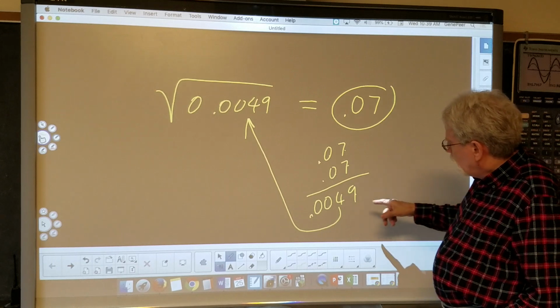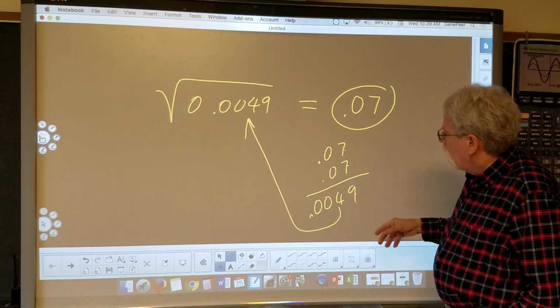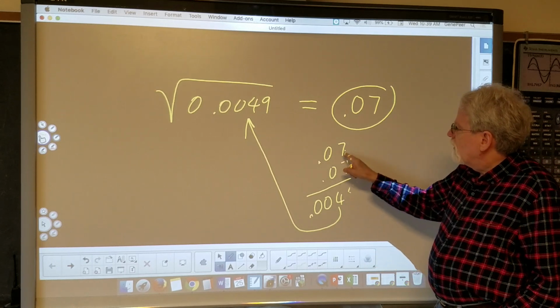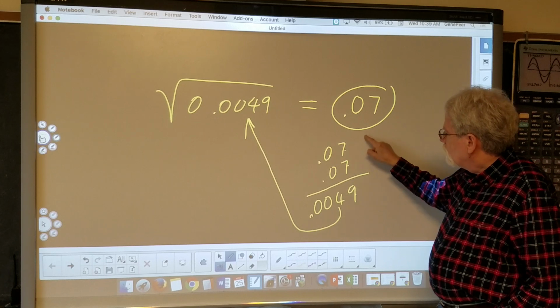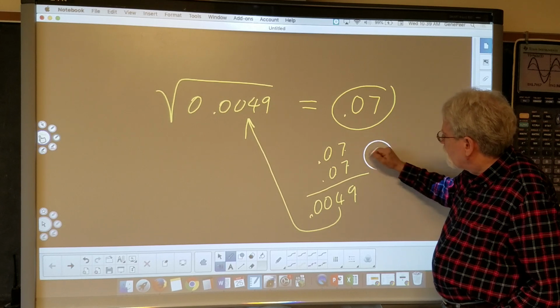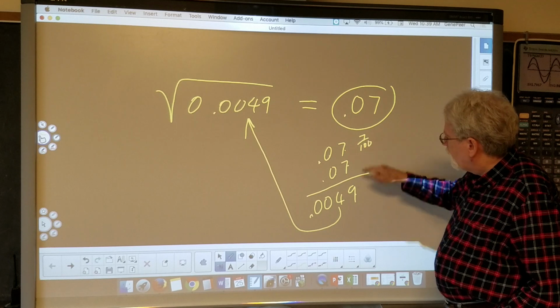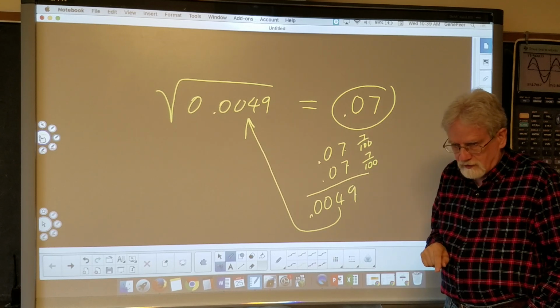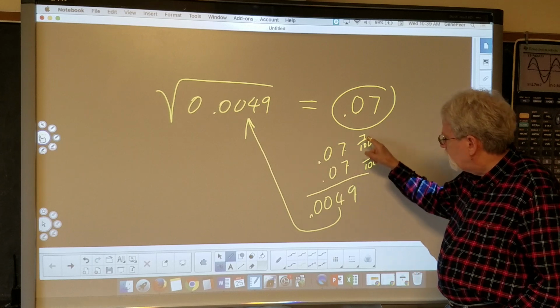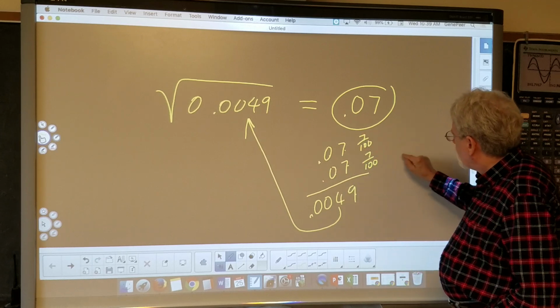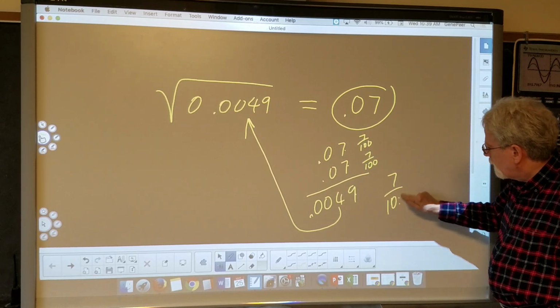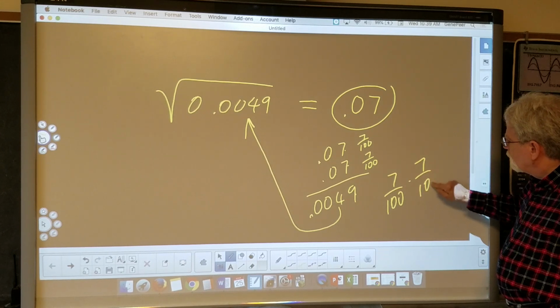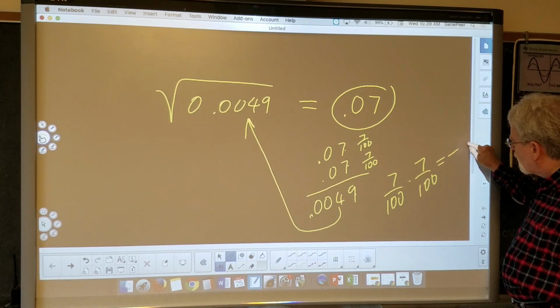Mr. Pierre, why do you count decimal places? Oh, well, because we're multiplying hundredths. Actually, we're multiplying 7 hundredths by 7 hundredths. Right? That's what 0.07 means, 7 over 100. And when you multiply 7 hundredths times 7 hundredths, don't you multiply the denominators?